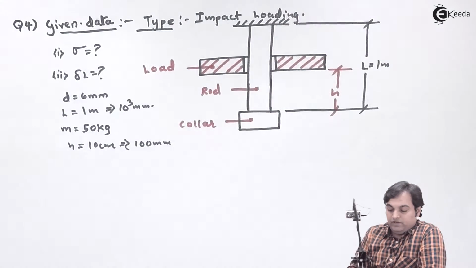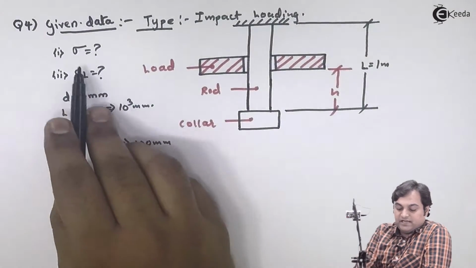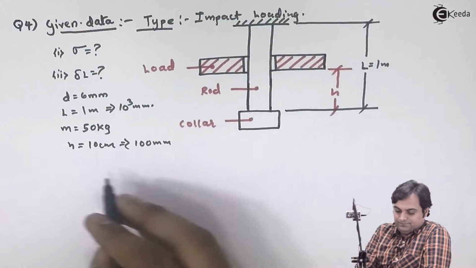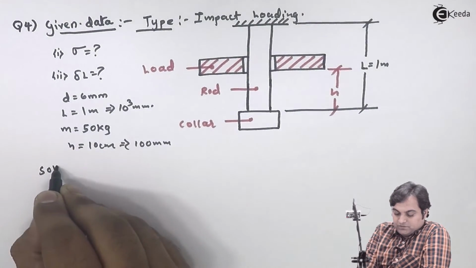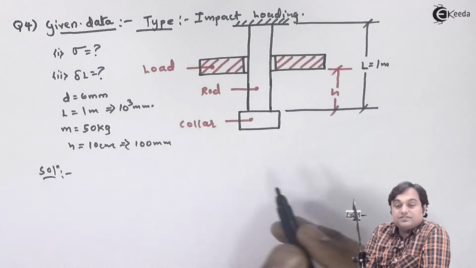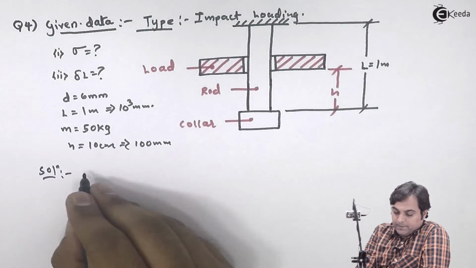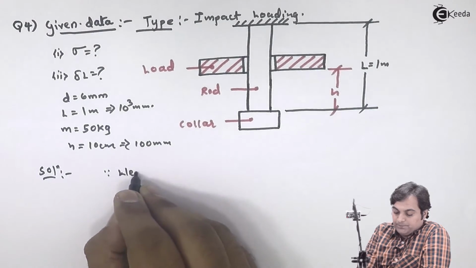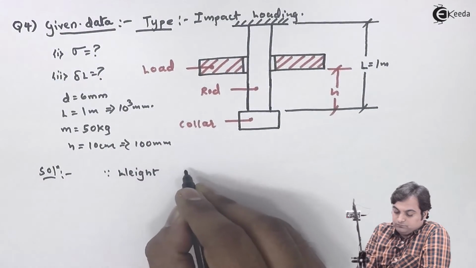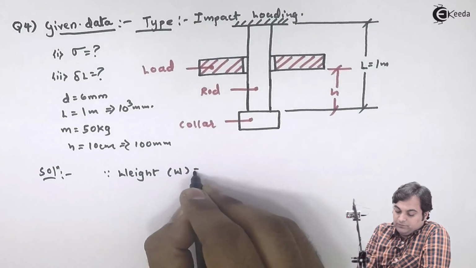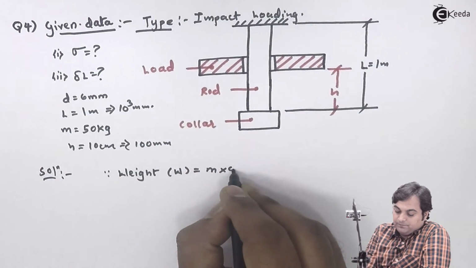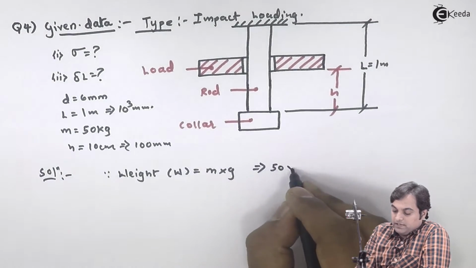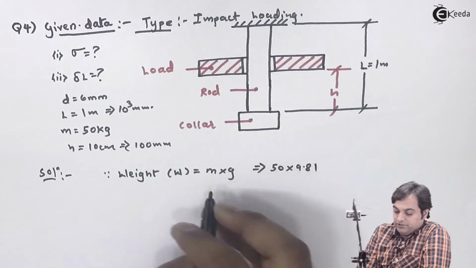Now we have to calculate the value of stress and instantaneous deflection. So let us try to solve this problem. Solution. Since mass is given, I will be calculating weight. Weight W is equal to m into g, that is mass into acceleration due to gravity 9.81.